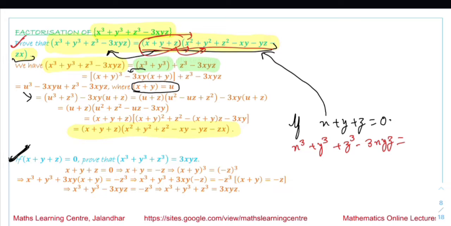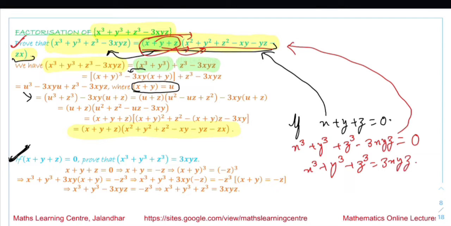The term x plus y plus z is 0, so the right hand side of this whole expression will be 0. So what we get is x cube plus y cube plus z cube is equal to 3xyz. But this thing only holds when x plus y plus z is 0.